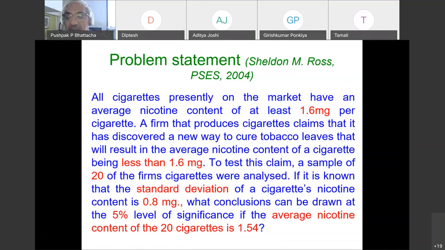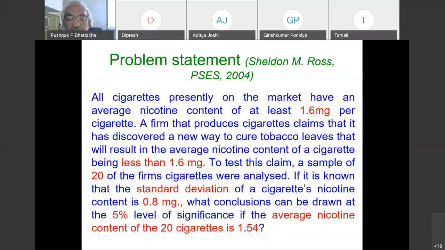Now, to test this claim, a sample of 20 of the farm's cigarettes were analyzed. So this is the sample size of 20. If it is known that the standard deviation of a cigarette's nicotine content is 0.8 mg. So this is known from data which has been observed.